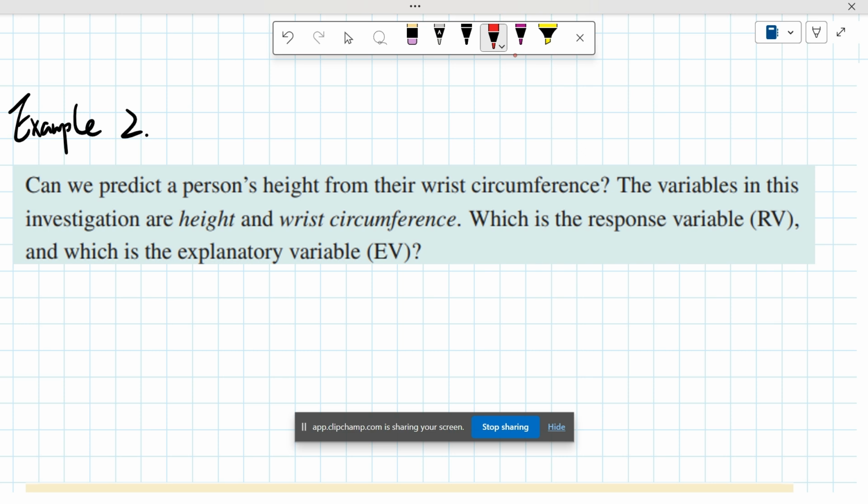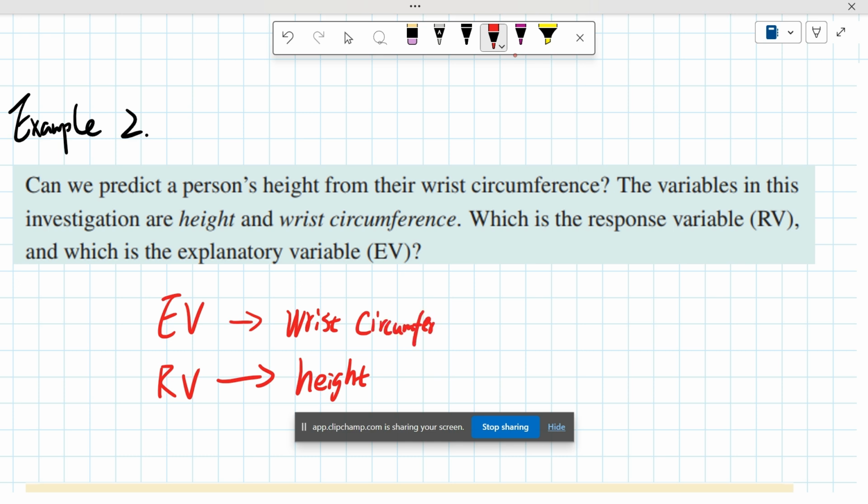So the EV will be the height, and the response will be the wrist circumference.